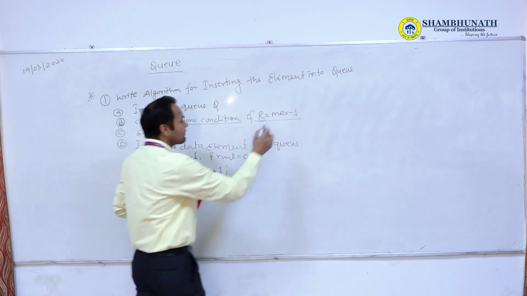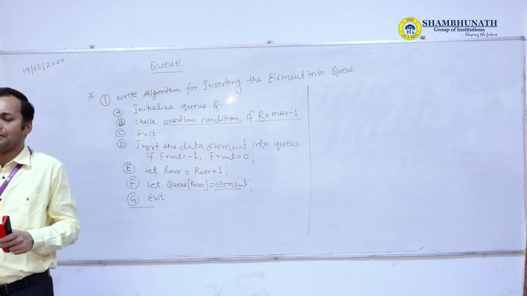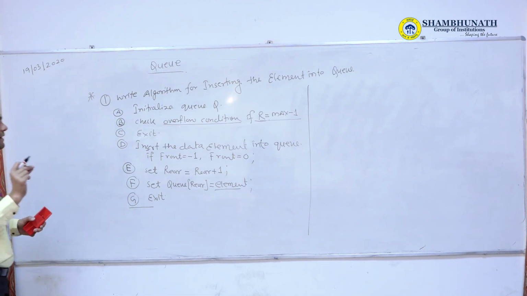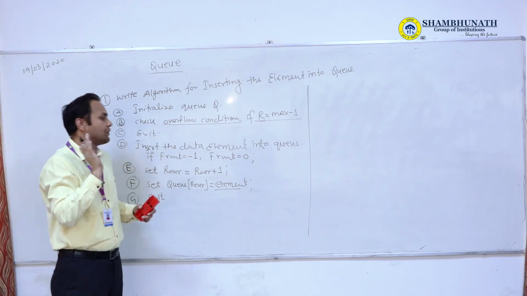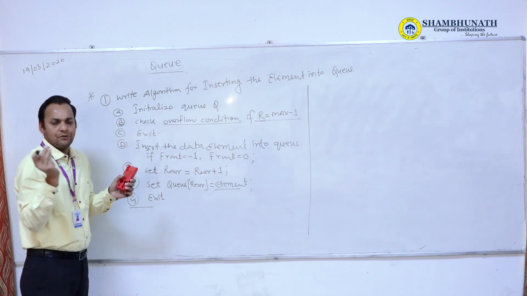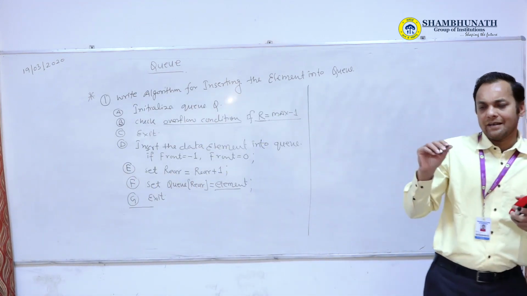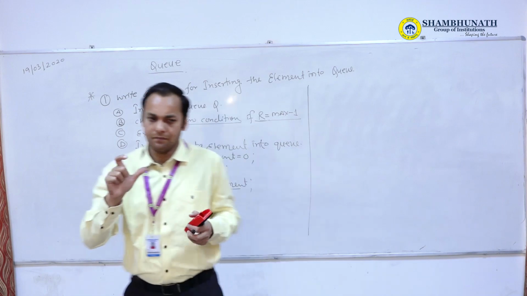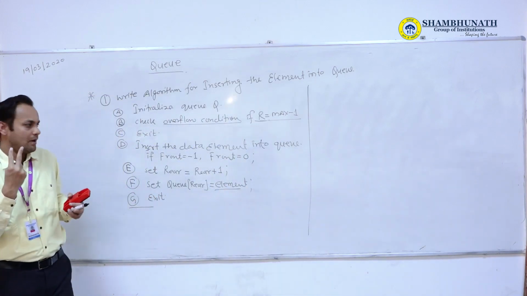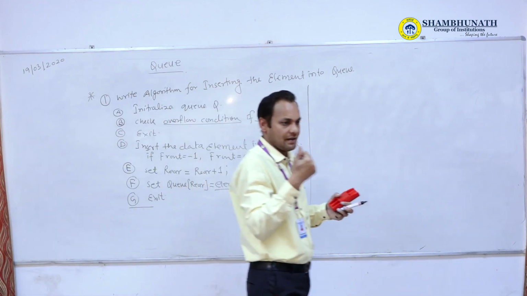Then how to write the function for inserting an element in a simple Q. You know very well the definition of a function. A function is a piece of code. There are two basic operations performed in a Q: insert and delete.